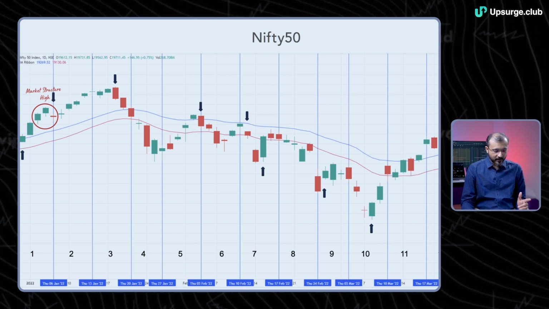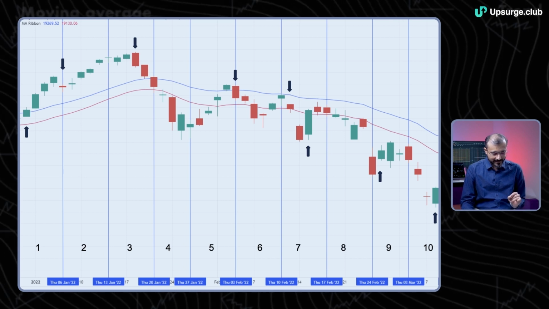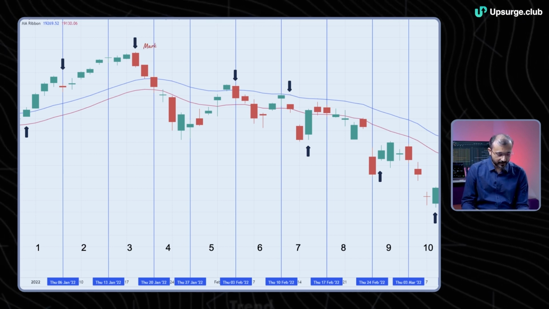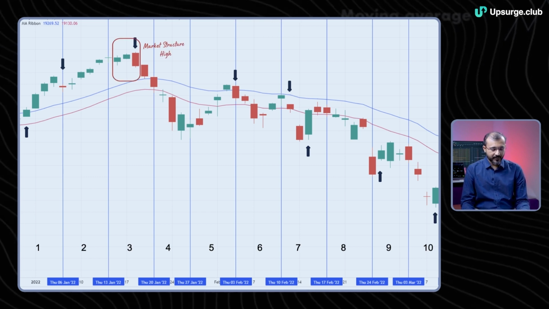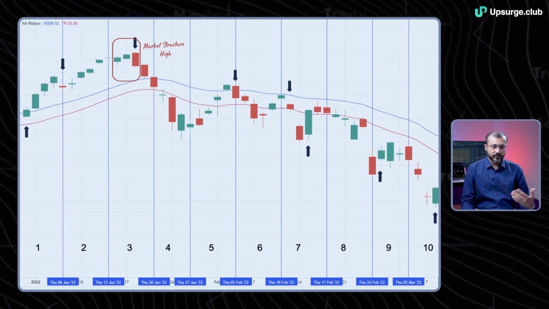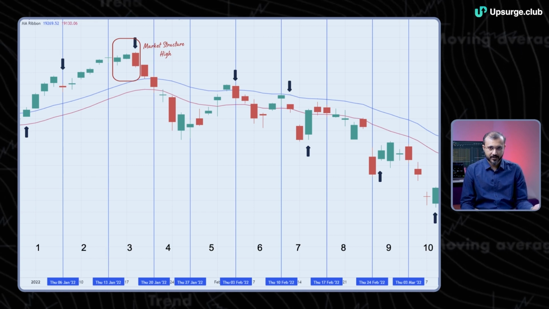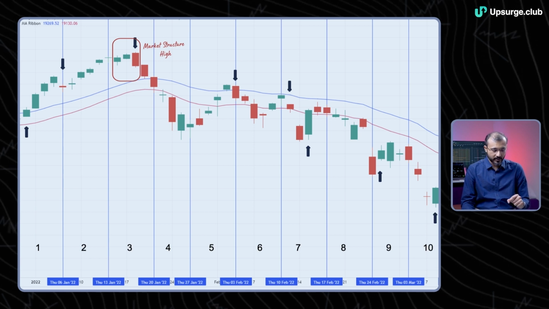Similarly, if we go to the next part between 13th Jan and 22nd Jan, in between we have a market structure high, two bullish candles and one bearish candle. This bearish candle is engulfing the previous candle. So you can have an engulfing pattern confirming that it's a market structure high, because you have two higher closes and then one lower close.